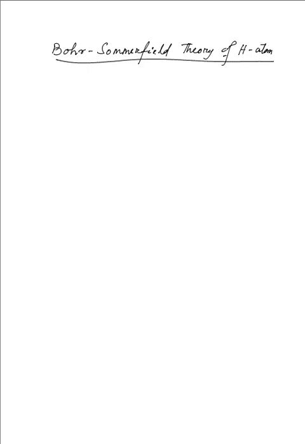So the line spectrum that we obtain, the atomic spectrum, is investigated. Going back to the early stages of detection of spectral lines, the line spectrum of hydrogen atom was observed, and initially that was observed by Balmer.